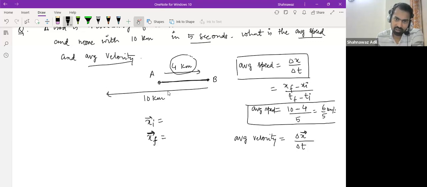You are nearly correct, just see the direction. It is minus 10 i cap. Yes, absolutely right, minus 10.